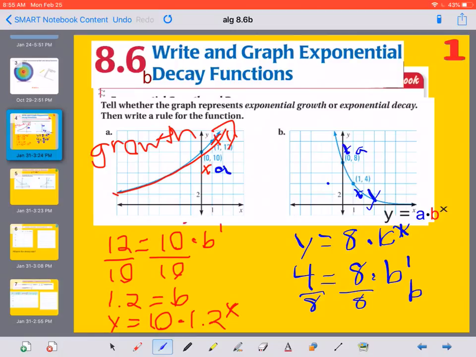What we get then is b equals 1/2, which is in between 0 and 1. So we know that our equation could be y equals 8 times 1/2 to the power x.